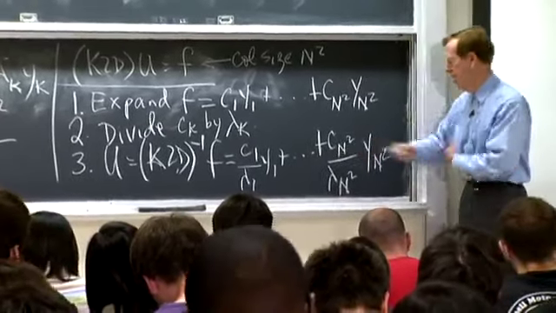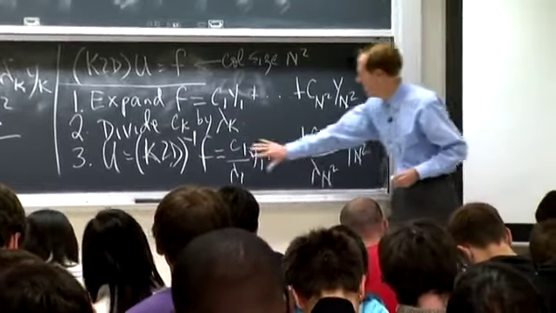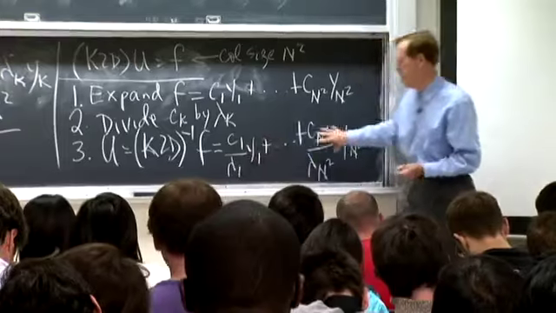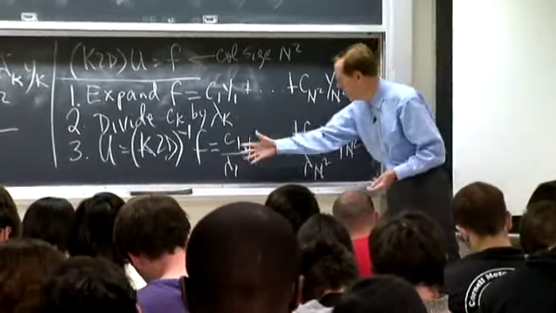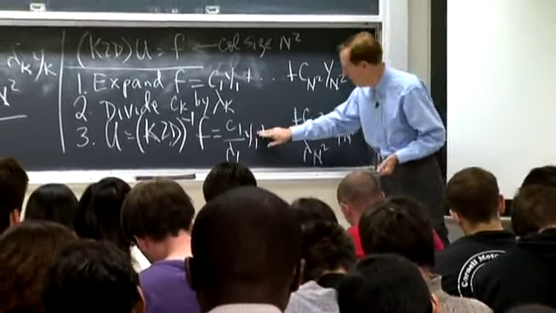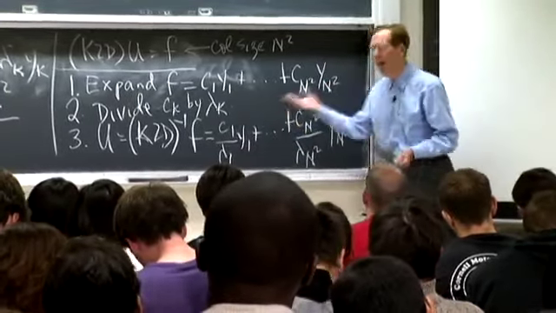And that's the answer. Right? That's the correct answer. If this is the right-hand side, then this is the solution. Because when I multiply this solution by K2D, it multiplies every eigenvector by the eigenvalue. It cancels all the lambdas, and I get F.